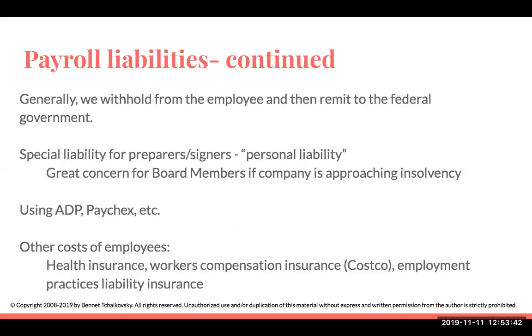The reason for that is because if the IRS or the state of California later comes back and says, wait a second, this independent contractor that's doing this work for you is really an employee, then that government agency looks at what you paid that independent contractor as the net wage, meaning that as an employer, you're going to be responsible for not only the employer payroll taxes, but for all of those other withholdings.